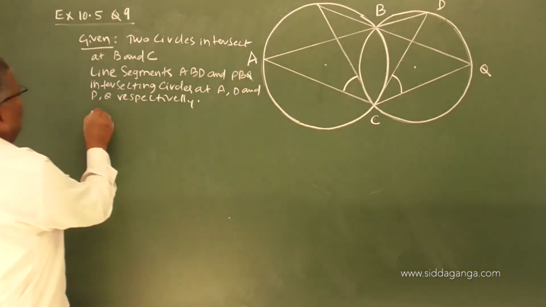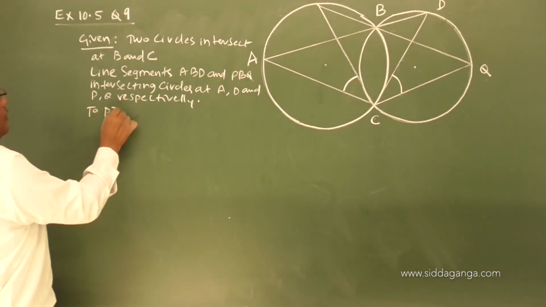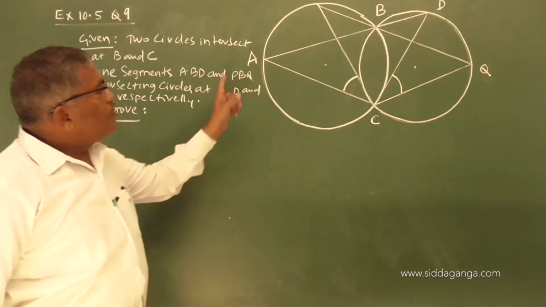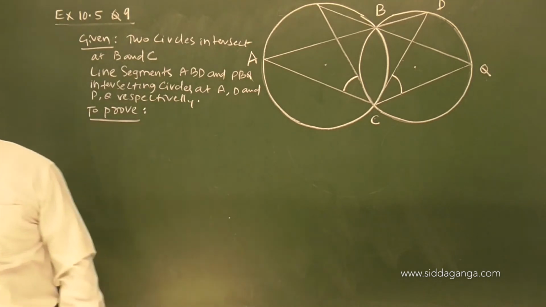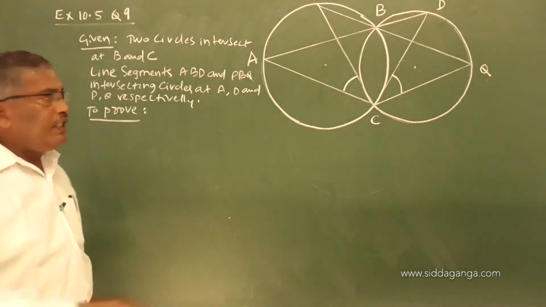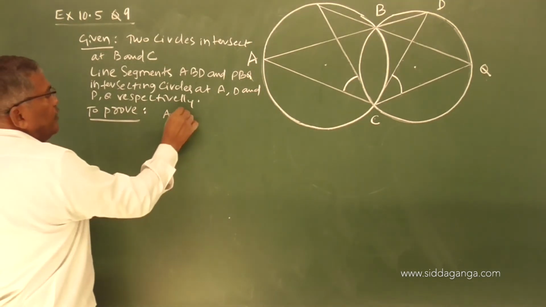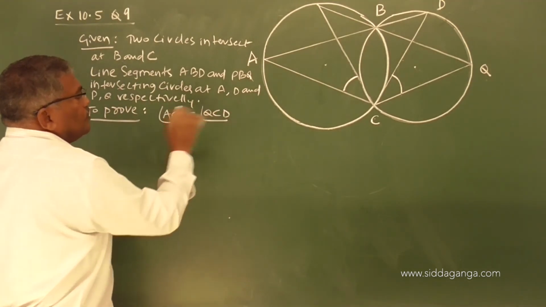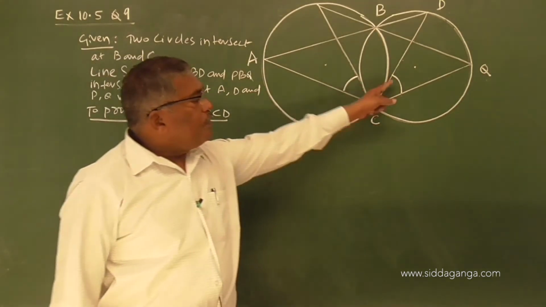So, to prove: angle ACP is equal to angle QCD. So these two are equal, that we have to prove.